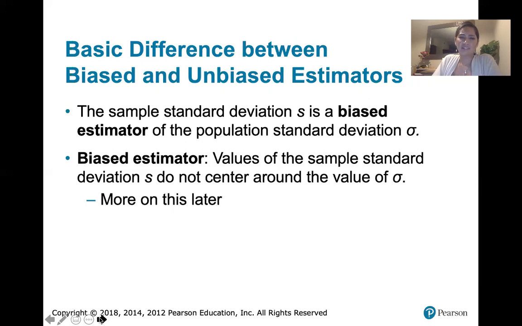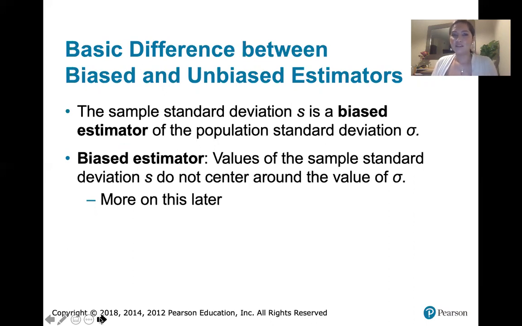We're going to talk more about this later, but the idea is if, let's say, our sample had 100 elements in it and the population was much, much larger than 100, you randomly select 100 pieces of data from the population, and then you calculate the sample standard deviation, and then you put them all back, and then you do it again, 100 different data values, and you calculate the sample standard deviation, and you keep doing it in this way. And you're going to have all these different sample standard deviations.